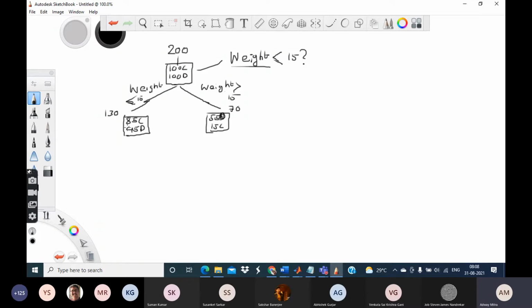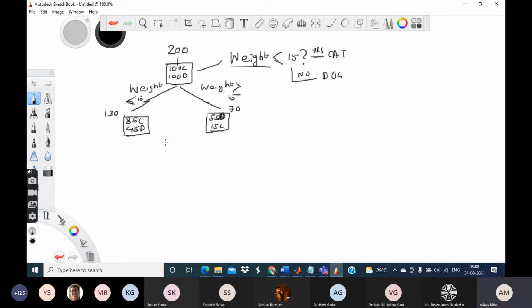Because suppose I come up with a classification rule like this: if the weight is less than or equal to 15, then I will classify it as cat, and if the weight is greater than 15, then I will classify it as a dog. This is the simple classification rule for us.